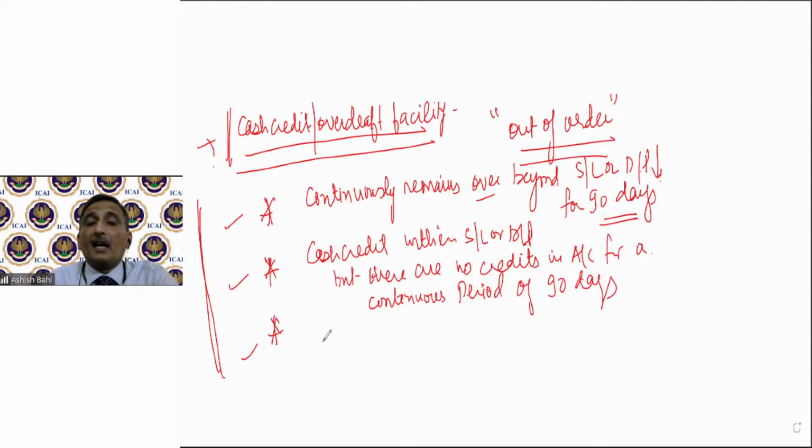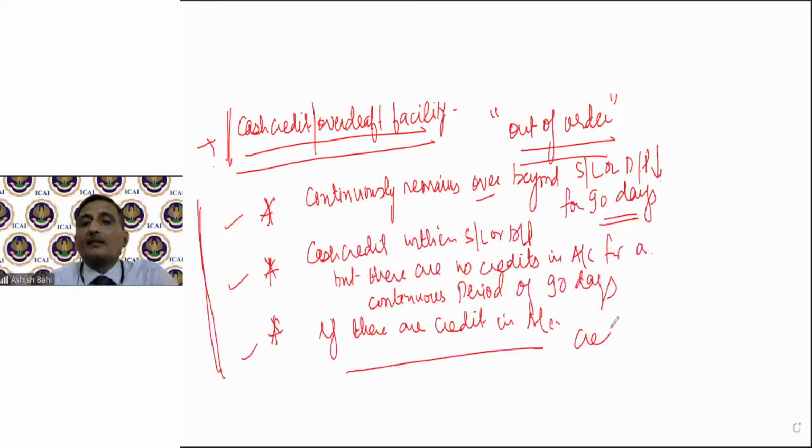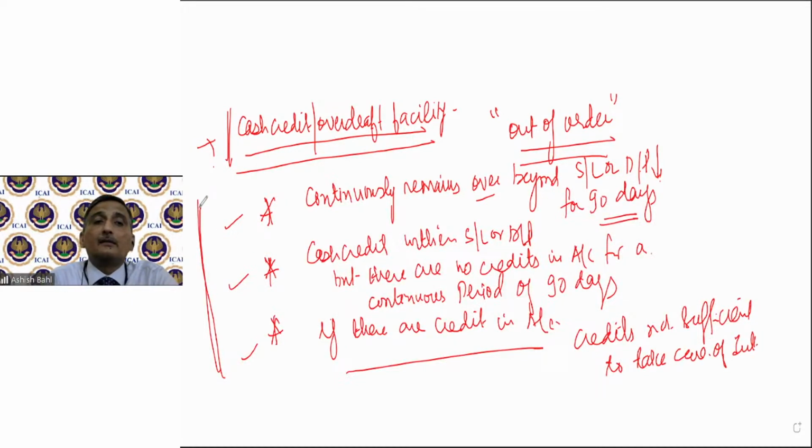Or if there are credits in the account, but these are not sufficient to take care of interest. Credits not sufficient to take care of interest. That is, the party is not able to service even the interest, then it also becomes out of order, and it is classified as NPA.